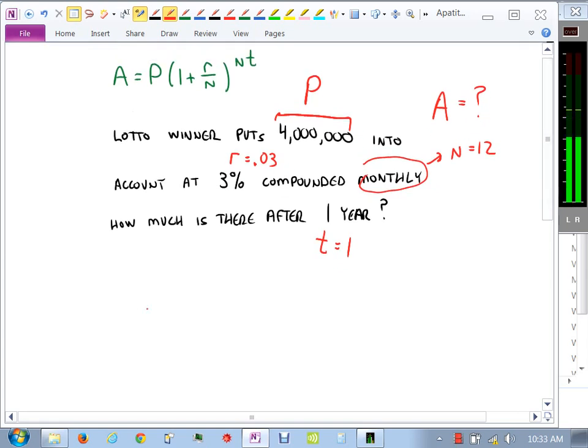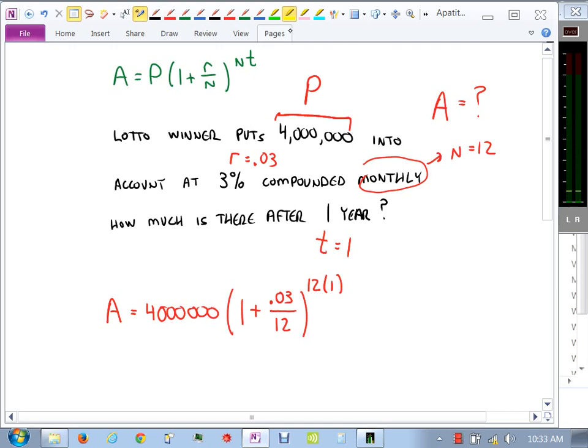So the amount, A, will be equal to 4 million times 1 plus 0.03 over 12 raised to the 12 times 1. Does everyone see where all that came from?